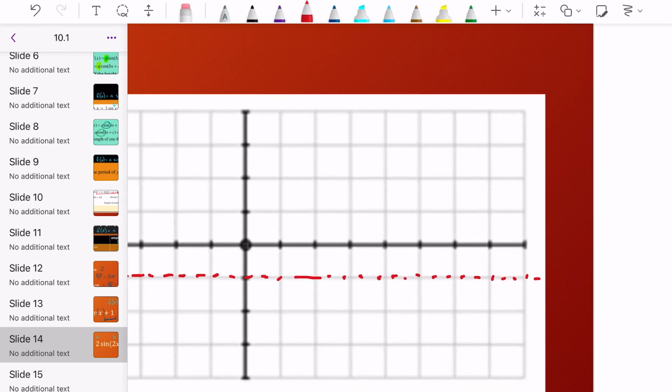So we have 2 pi over 4, 3 pi over 4, 4 pi over 4, 5 pi over 4, 6 pi over 4. This over here would be pi over 4.